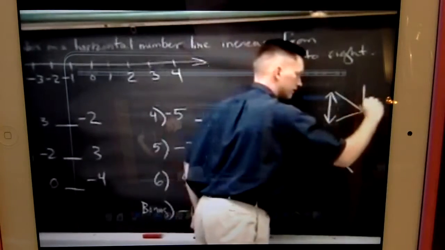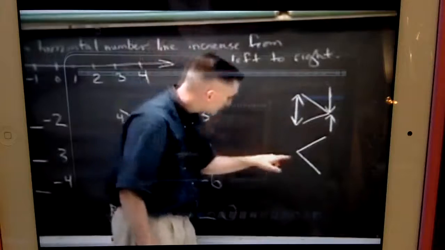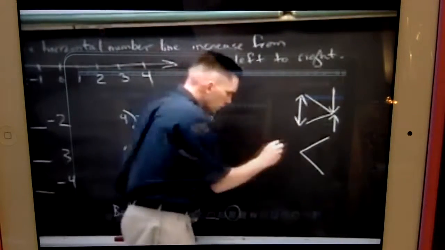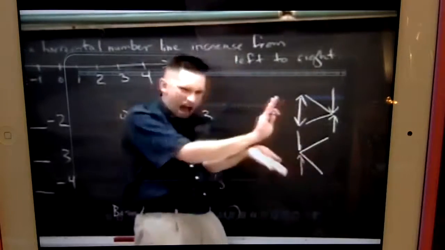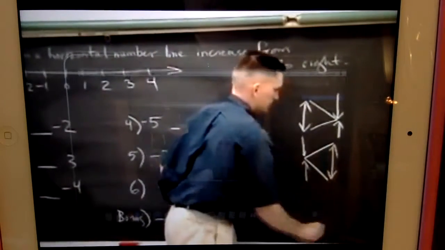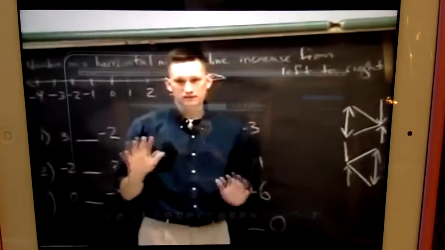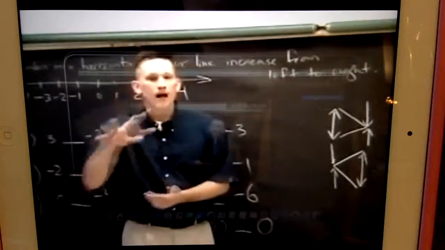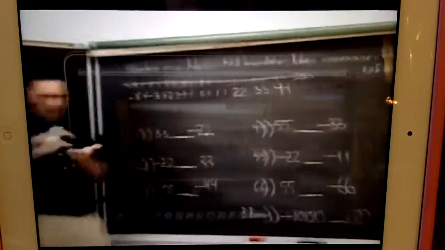The closed end means it's less than or very, very small. Same with this one. The closed end means it's small. The wide end, the open end, means it's big. So you've got greater than, less than. Hopefully it'll help you understand this next part.